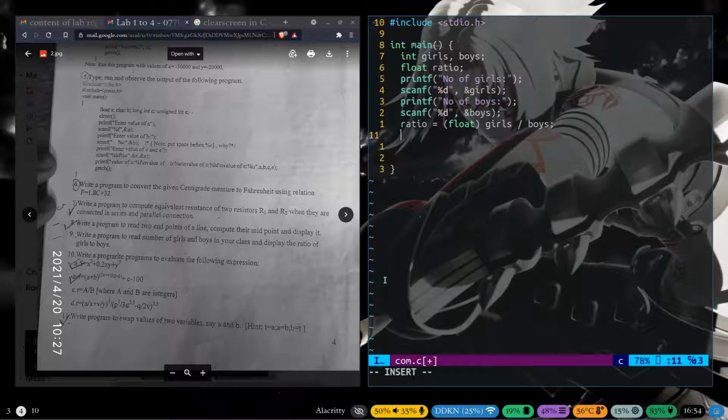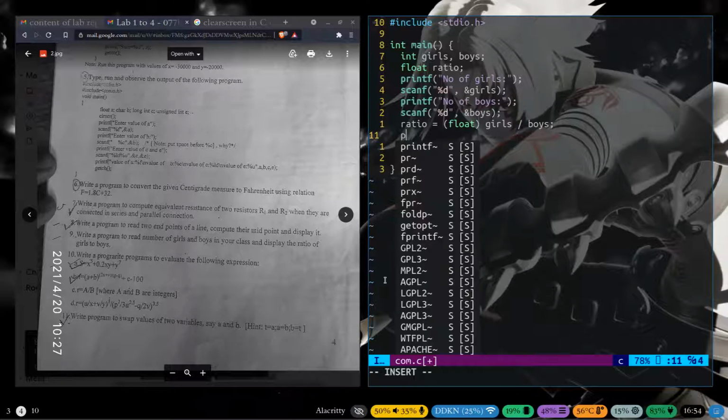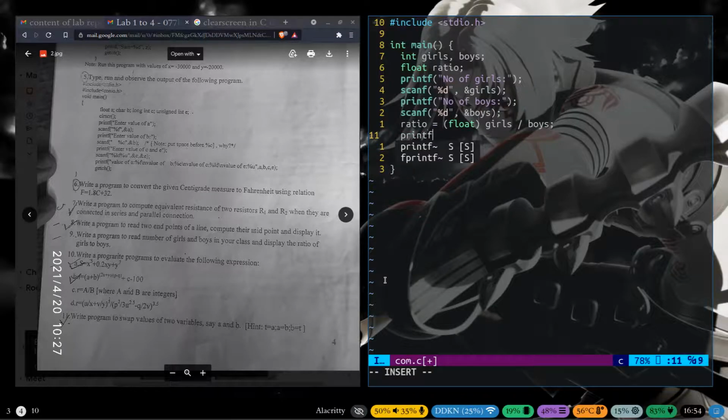Alright. So printf, right? Printf ratio of girls to boys. It is what? It is float, right? It is float, and it is %f. It is ratio.